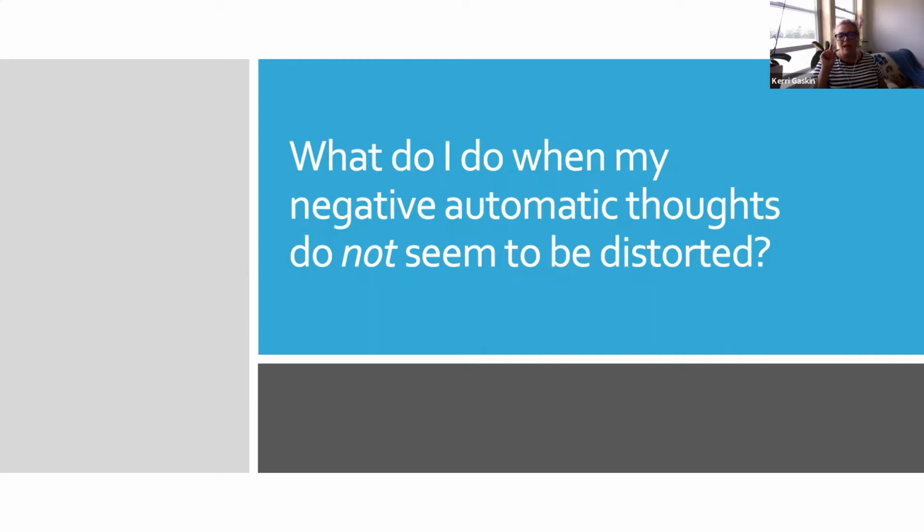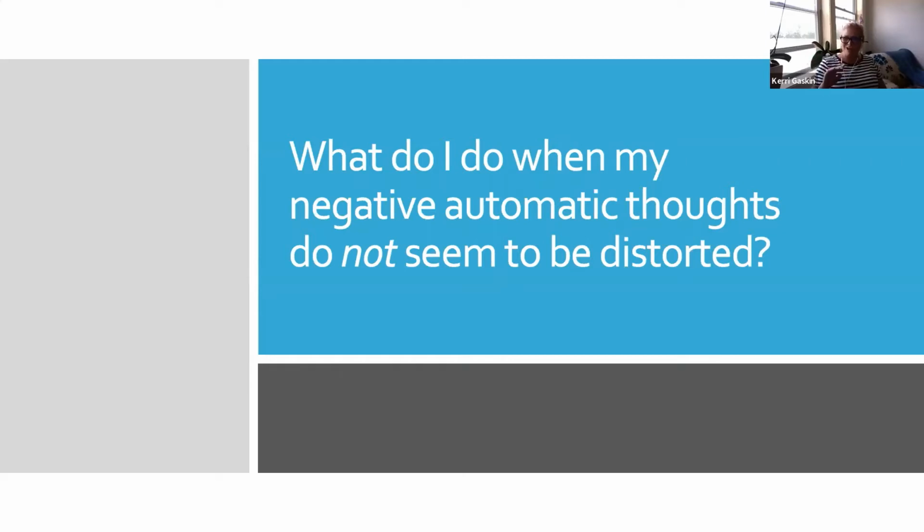At this point, we would really want to use the thought cascade approach to get to some related thoughts, such as, if I lose my job, I'm going to end up homeless and destitute. So we would want to look at any possible distortions in that thought, and so on and so on and so on. And as we will discuss a little bit more later, our main goal here is to learn how likely it is that something bad will happen, while also learning how to cope when bad things do happen to us.